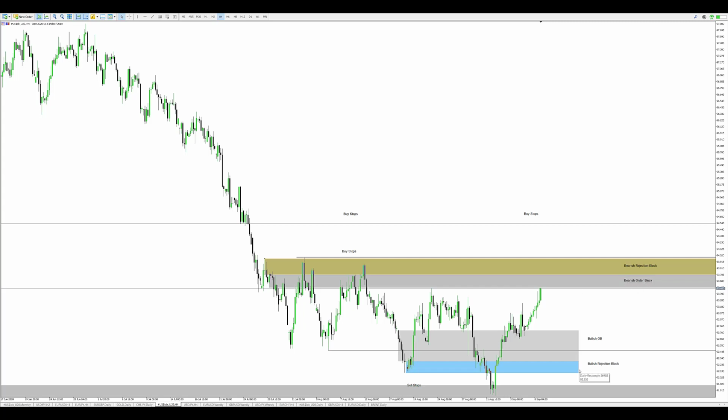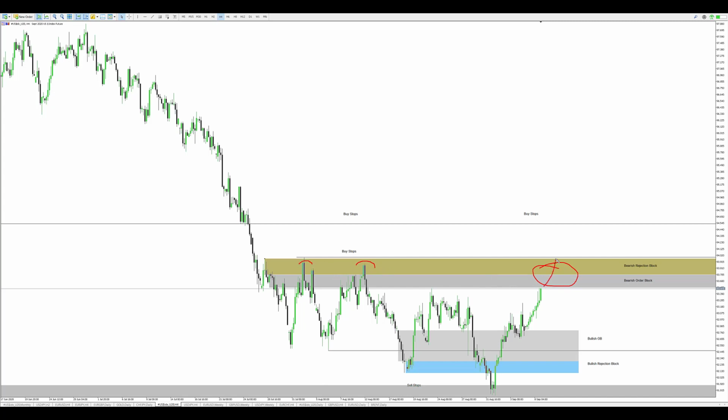So right now it's a case of being patient with price, and if you are in a short trade on Euro USD or British pound against USD, if you are in a short trade on those two assets, you might need to scale out a bit of your profits, because we could see price facing a bit of resistance in this area here, you see, especially in these two relatively equal highs.